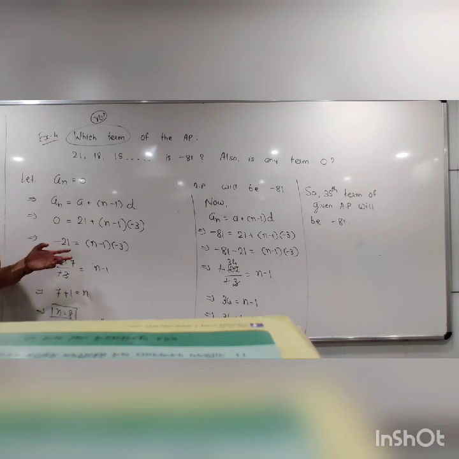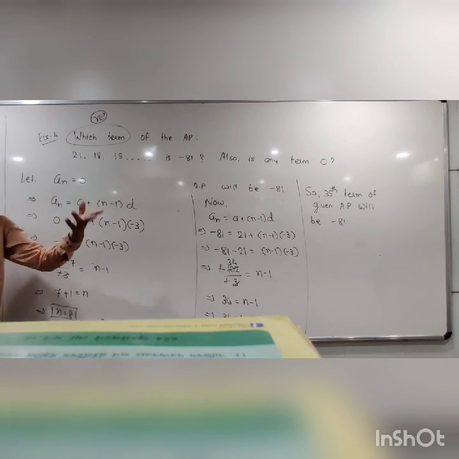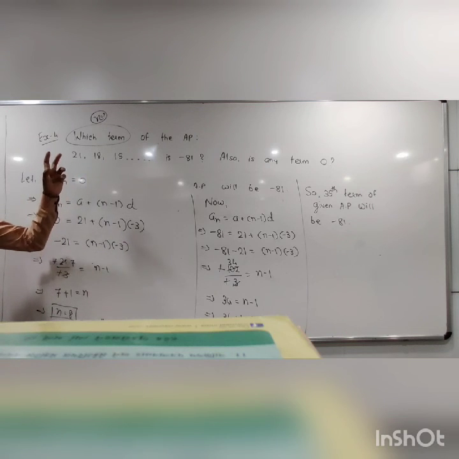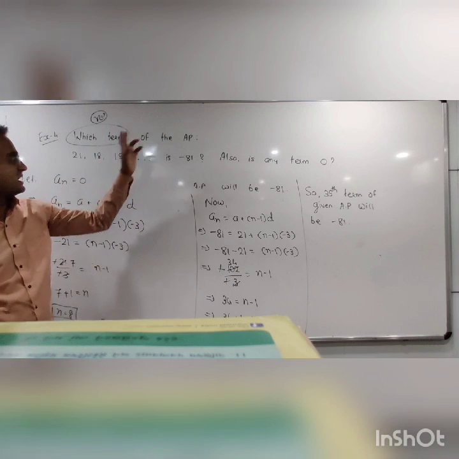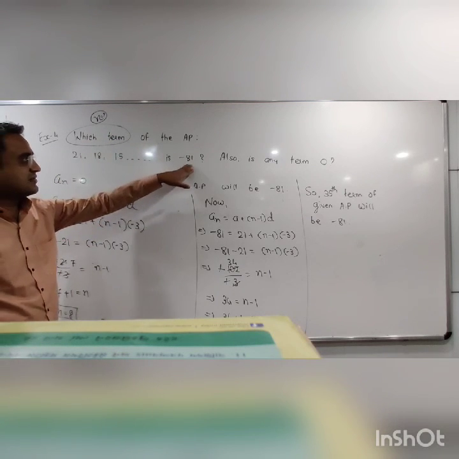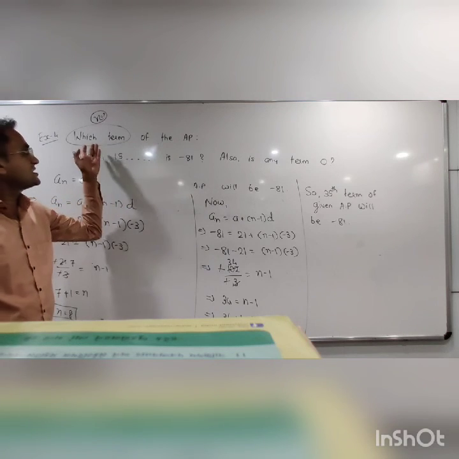ठीक है. अगर यहाँ पे ये डिवाइड नहीं होता, ये फ्रैक्शन में आता या पॉइंट में आता, तो इसकी कोई भी टर्म 0 नहीं होती, ऐसे समझाएंगे आगे. ठीक है. So in short, फिर से आप क्वेश्चन को समझो. Which term of an AP, this is an AP, is minus 81? कौन से नंबर की टर्म?